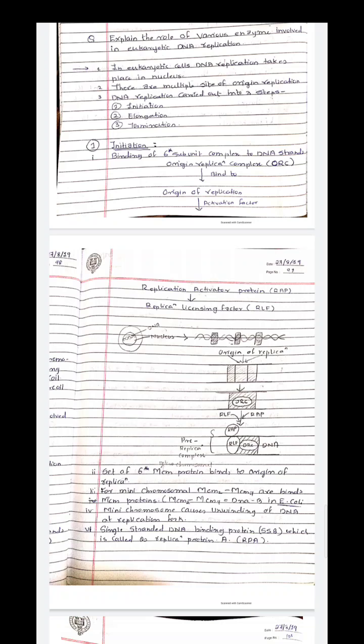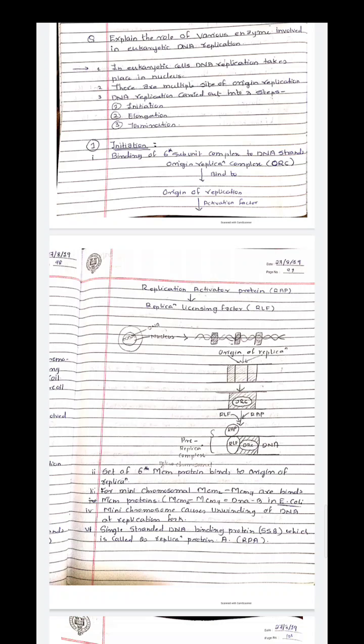So you only mention eukaryotic cells. In eukaryotic cells, DNA replication mostly takes place in the nucleus, and in prokaryotic cells, replication takes place in the cytoplasm.